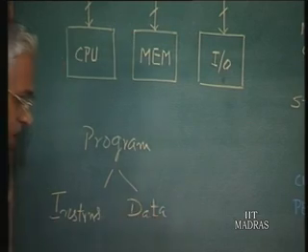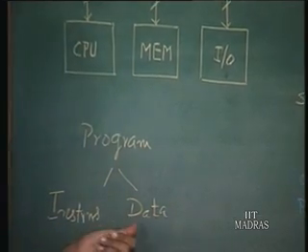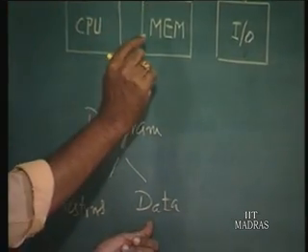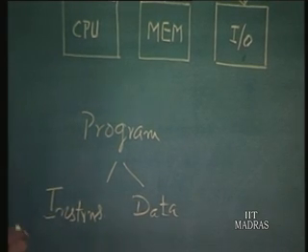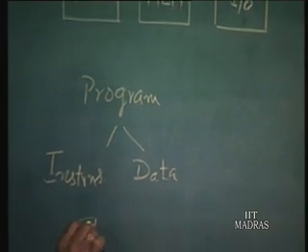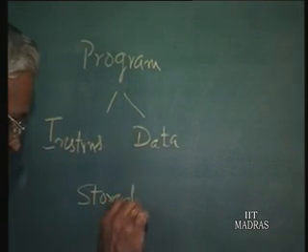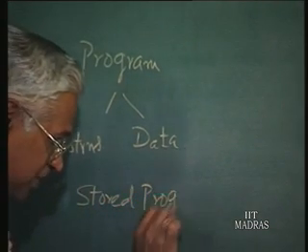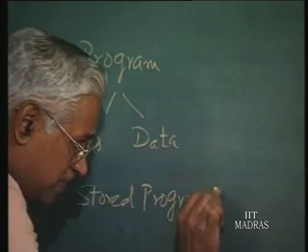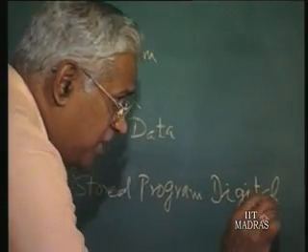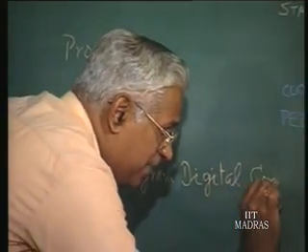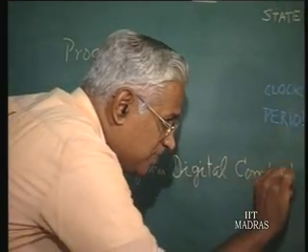Now these instructions and data are stored in the memory. In other words, what we have is the stored program digital computer. That is, the program is stored and the computer takes this particular program and keeps executing it.